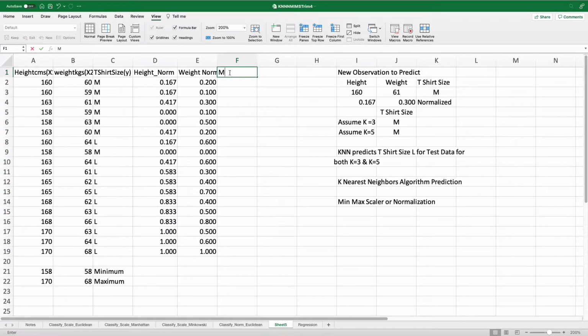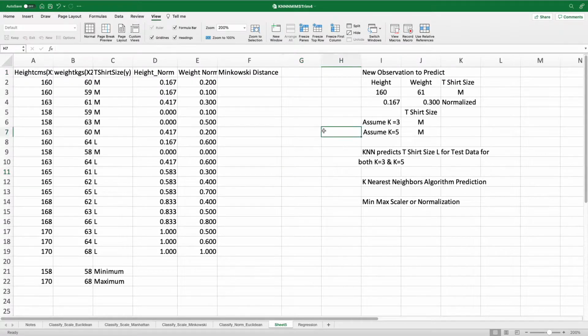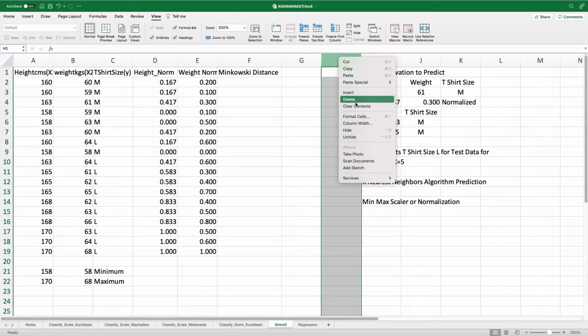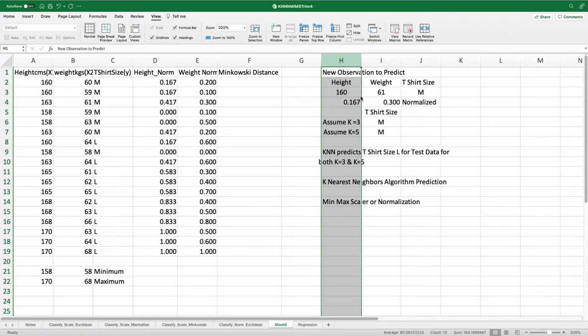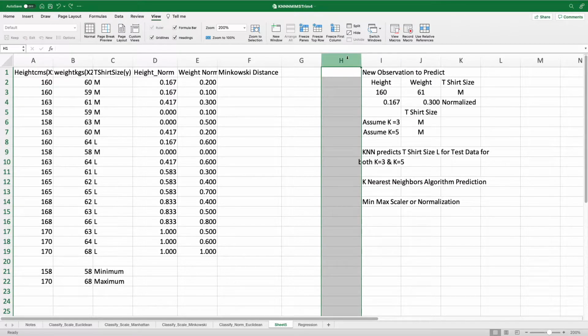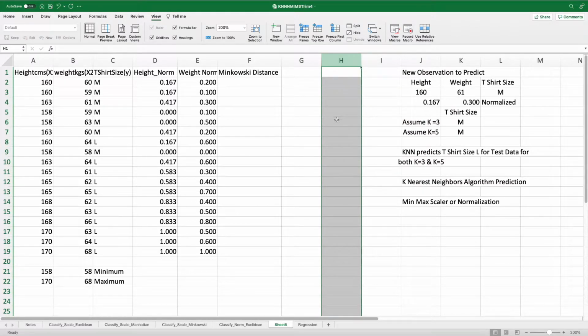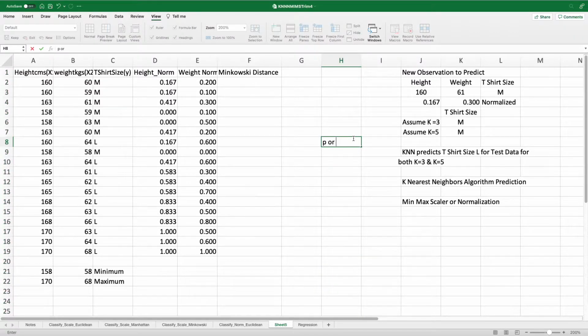So, Minkowski distance we will use. For Minkowski distance, we will add one more cell. Sorry. So, P or Q is equal to 3.